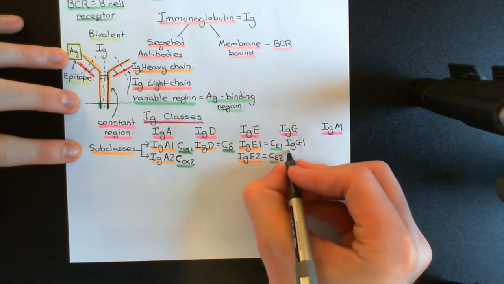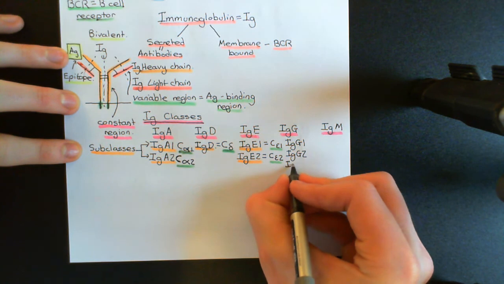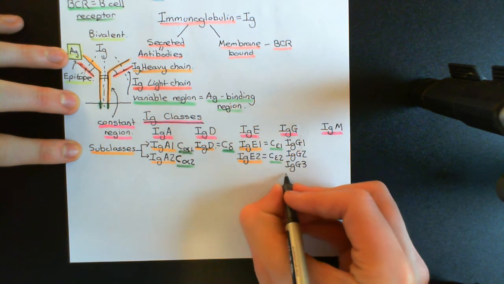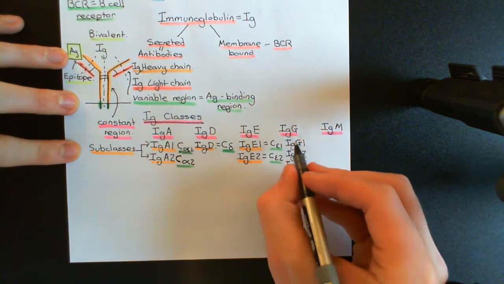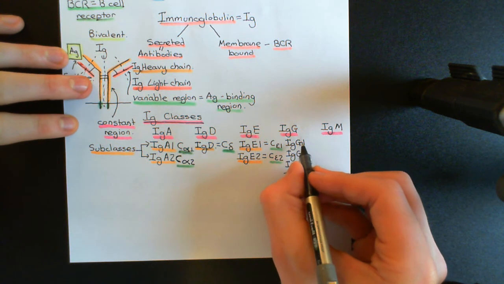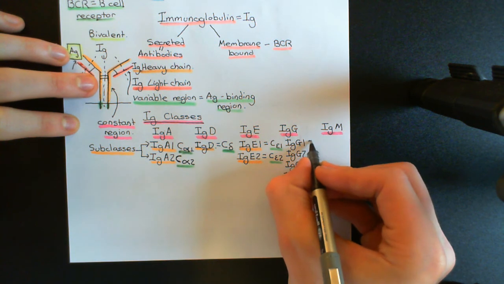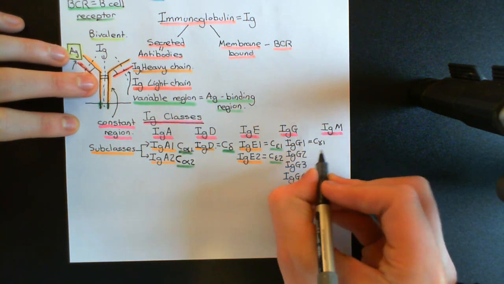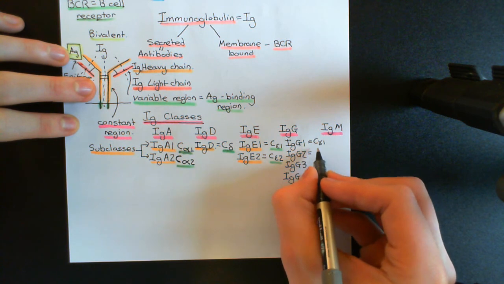So there's IgG1, there's IgG2, there's IgG3, and there is IgG4. So an IgG1 molecule, that's an immunoglobulin molecule where you have used for the constant region of the immunoglobulin heavy chains the constant gamma 1 portion, or the constant gamma 1 form.